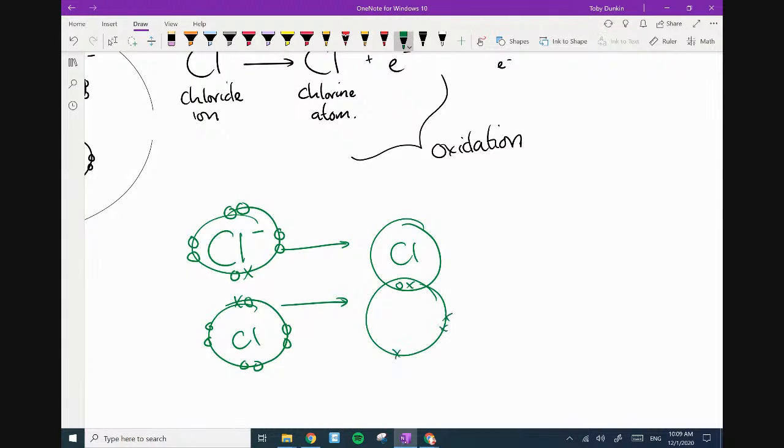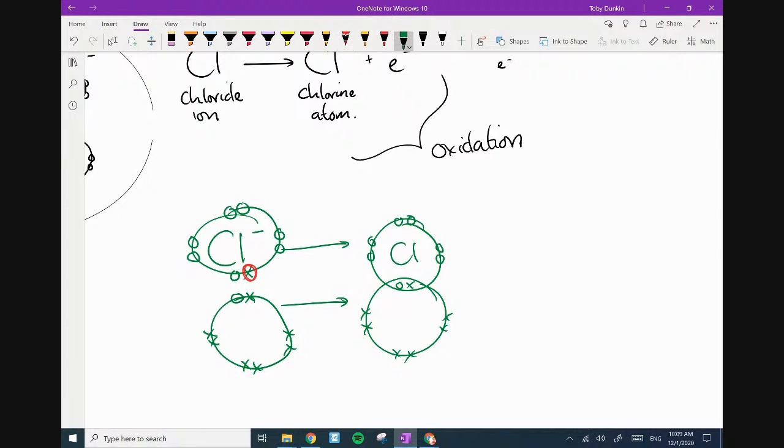I should have done it the other way round. I'm sorry, I'm going to adjust it. That's me not doing a good enough planning job. Let's reorganize that one. You realize it doesn't really matter. There we go. This one is all crosses, and a dot, because I'm just showing that this one is going to lose this electron.